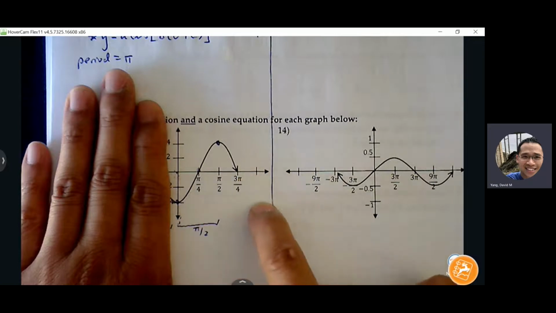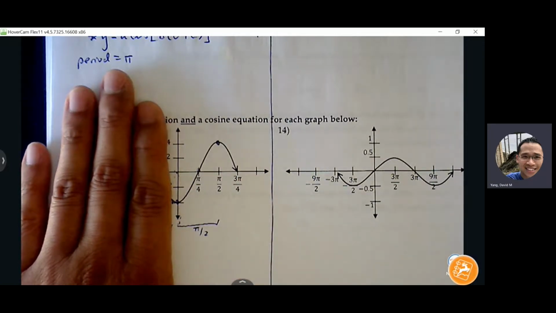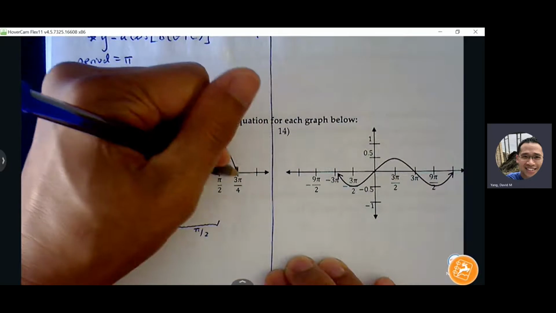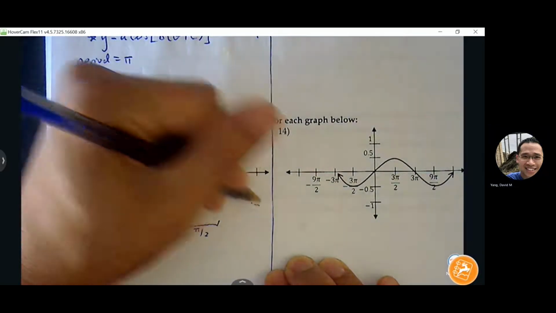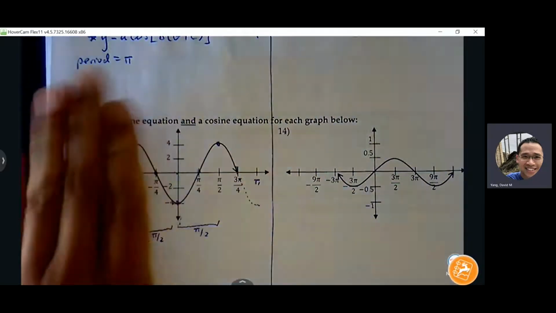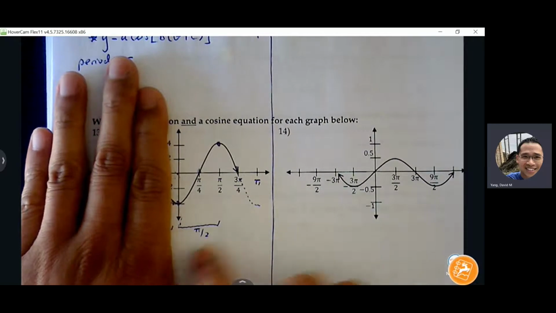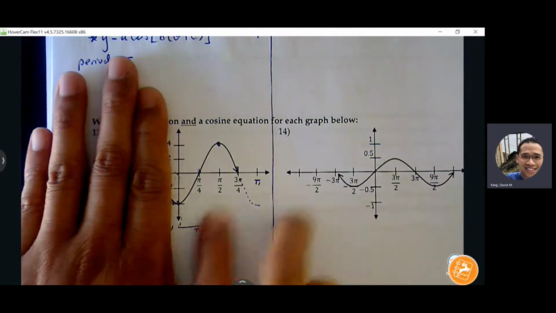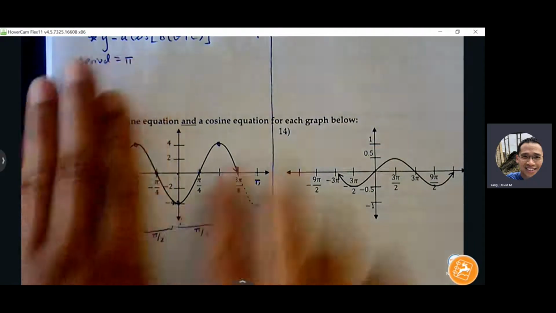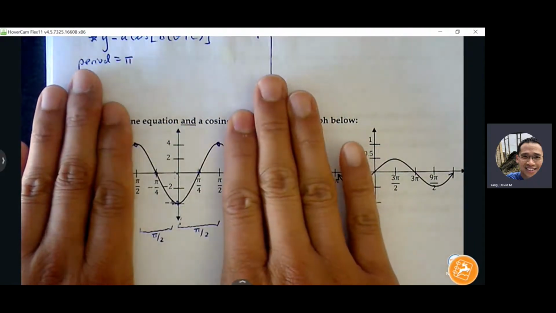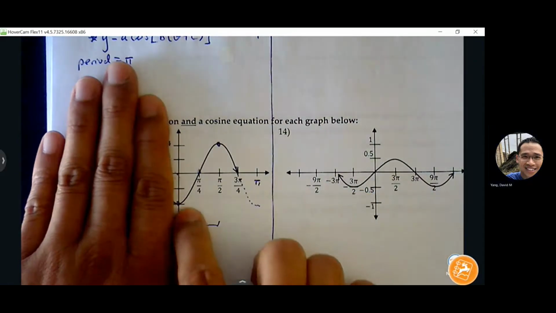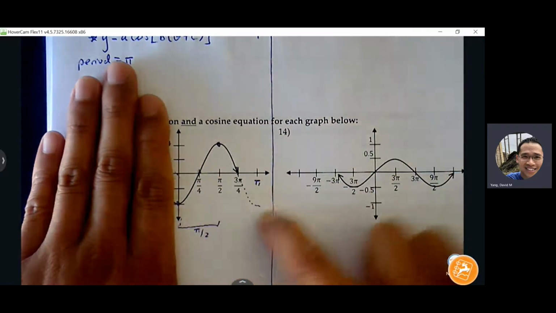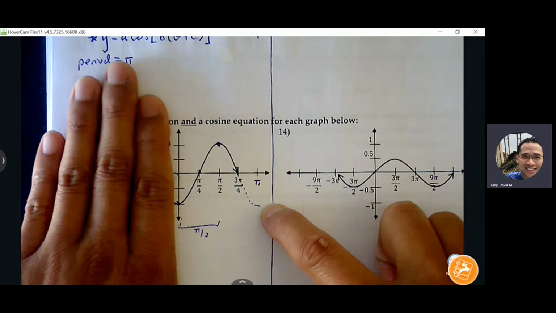You have to remember you always start and end at the same spot. So you could extend this a little further and convince yourself that if I start at 0, I should be able to make my way to π, and you can also think of that as your full cycle. But here I'm counting from peak to peak because I see it, but I could also start at the minimum and follow it through to the end.